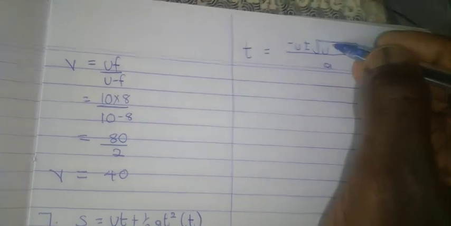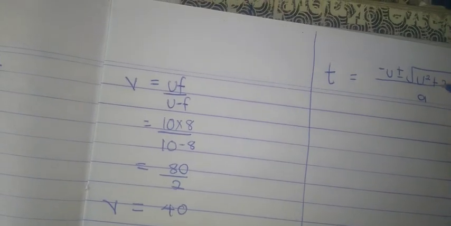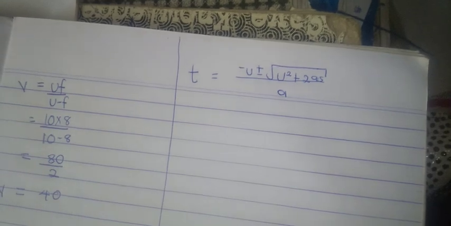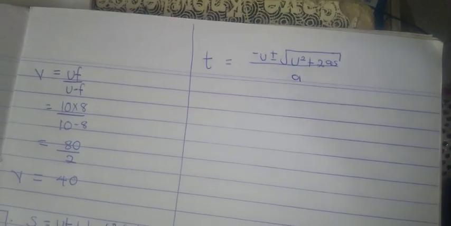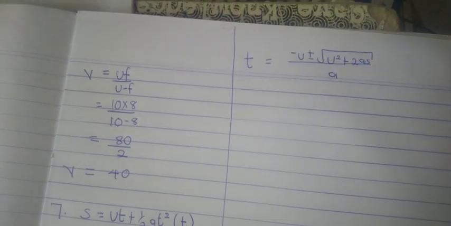So I can begin with u squared, then plus 2as. So finally I've made t the subject of the formula. In case they give you values to substitute in, just substitute in. So that is it. I've come up with that finally.